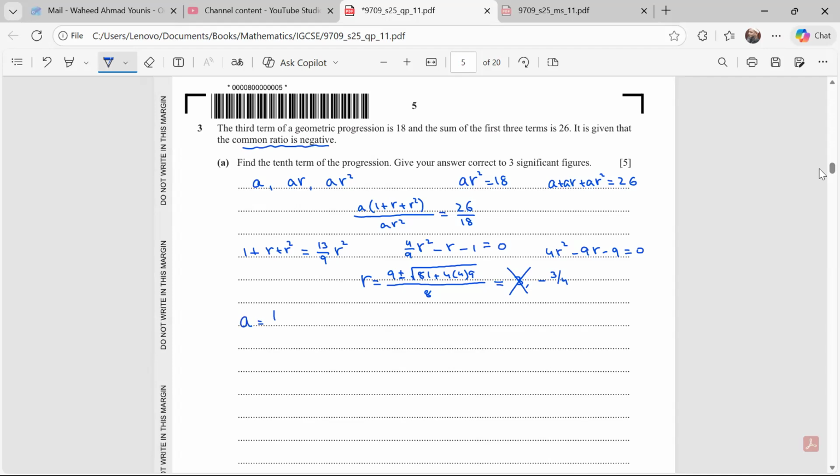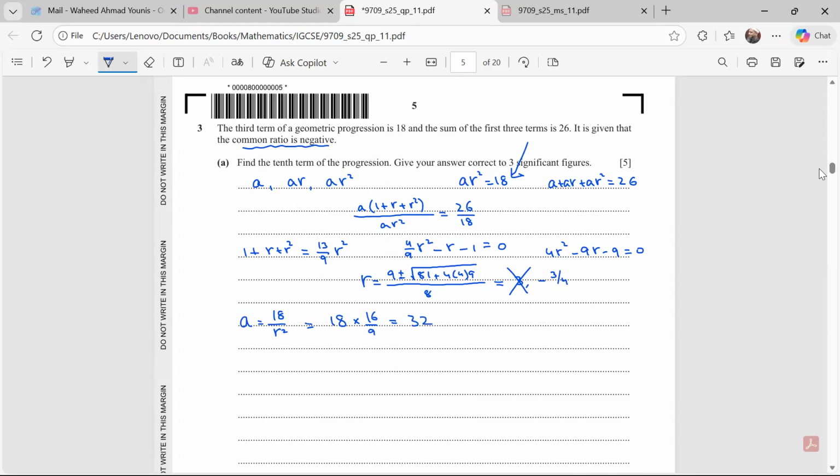A is 18 over R squared. Okay. From this expression. And when I do 18 over R squared, it is going to be 18 multiplied by 16 over 9. So it will give me 32.